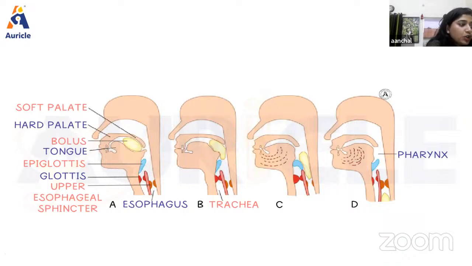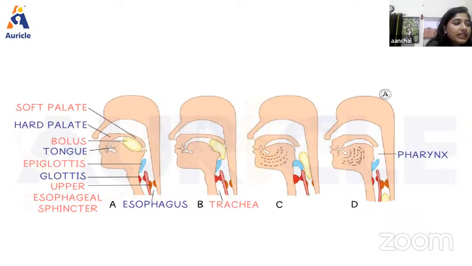Now the contraction of the front part of the tongue presses the bolus against the hard palate, as we have discussed the functioning of the anterior part and the posterior part. Then a series of movements of the middle part pushes it to the back, forcing it into the pharynx. So I hope this is clear to you all.